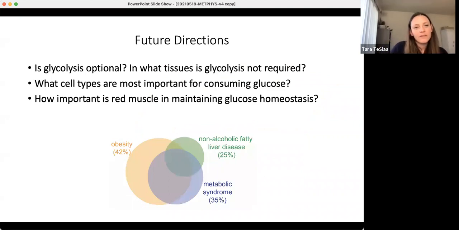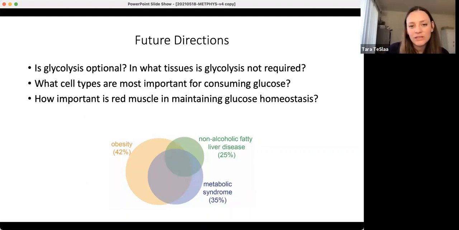So in conclusion, I think it's really important to understand these underlying metabolic pathways that are dysregulated in these chronic diseases. And so moving forward, I'm interested in understanding further the role of glycolysis in normal physiology. Is glycolysis really optional?